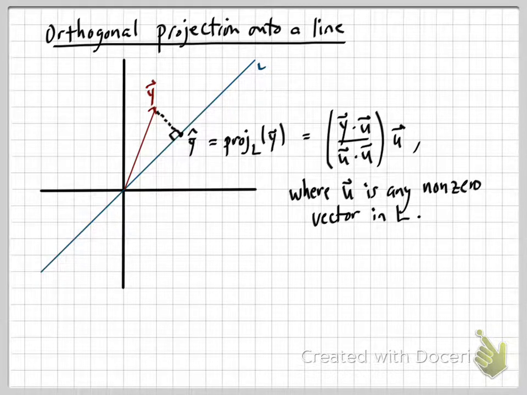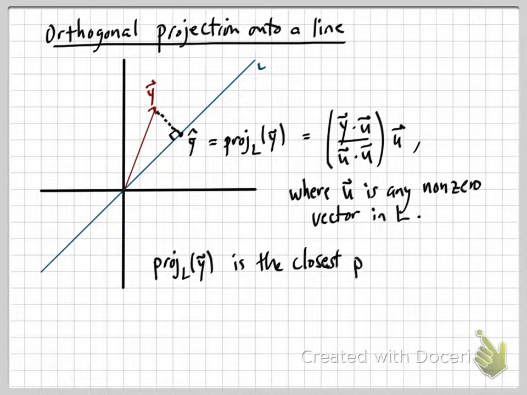And there's a formula for computing it. It's given as a scalar multiple of a vector u, where u is any non-zero vector in the line L. And the scaling that you need is y dot u divided by u dot u. So the projection is the closest point on L to y, because the segment from y to the line L is just this perpendicular line, and that's the shortest distance you can get.